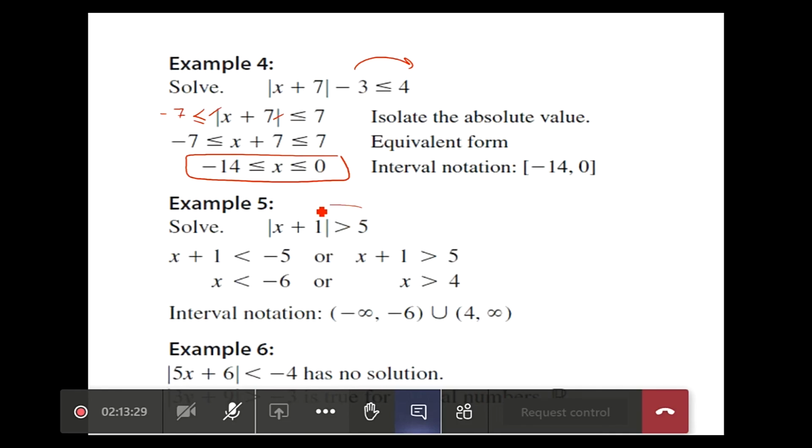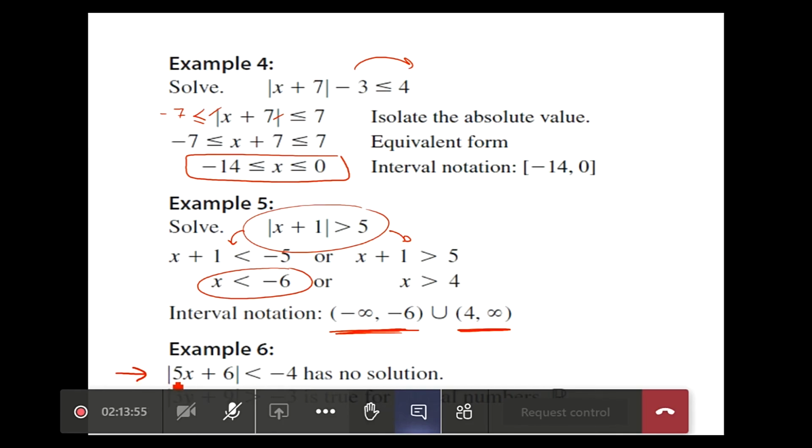Now if we have greater than, we separate: x plus 1 greater than 5 or less than -5, and we have x less than 6 and x greater than 4, from 4 to infinity. Okay, look at this one.